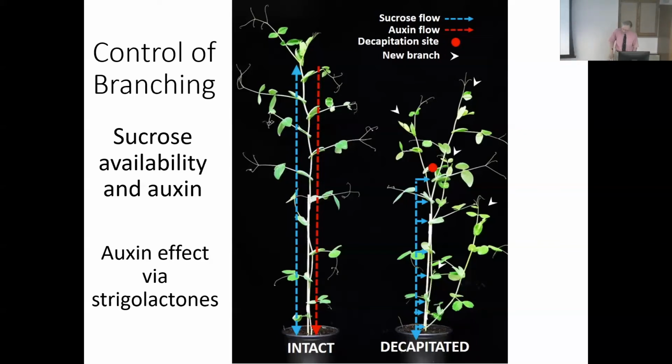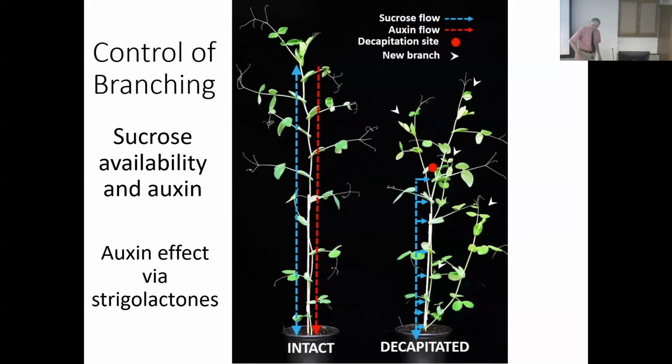Strigolactones, the name is derived from the parasitic plant striga, and these were known to promote the germination of striga. And there's a family of these hormones. It turns out the auxin goes there, causes the production of strigolactones, which inhibit branching.